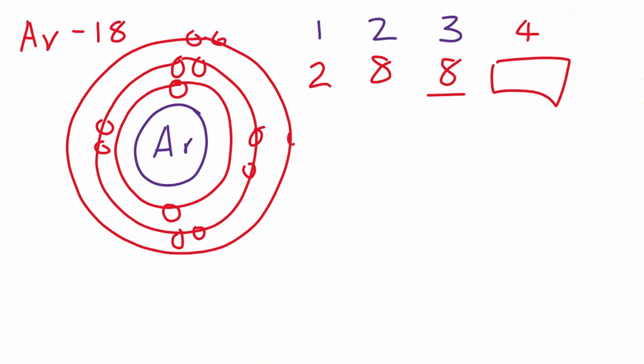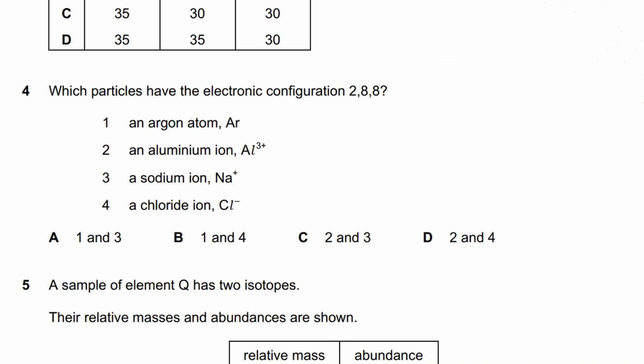So what is the electronic configuration of argon? Normally we write the electronic configuration chronologically from first shell to the last shell. First shell has 2 electrons, second shell has 8 electrons, and the third shell has 8 electrons, which actually matches the given question. Therefore, argon is an option.